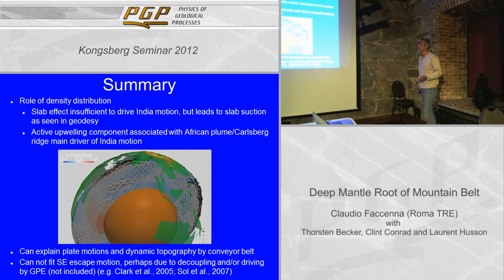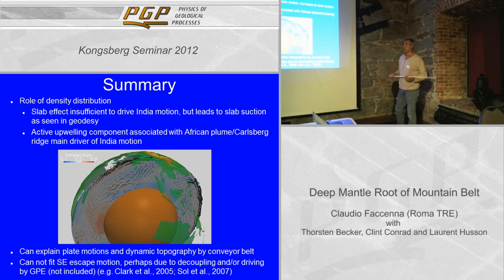The summary is that, just matching the present-day pattern of convection and velocity, we are able to match fairly well the velocity of these colliding continents over this large scale. So we think that the slab effect, slab pull, can be insufficient, as has already been proposed by other authors, to drive India in the right direction.